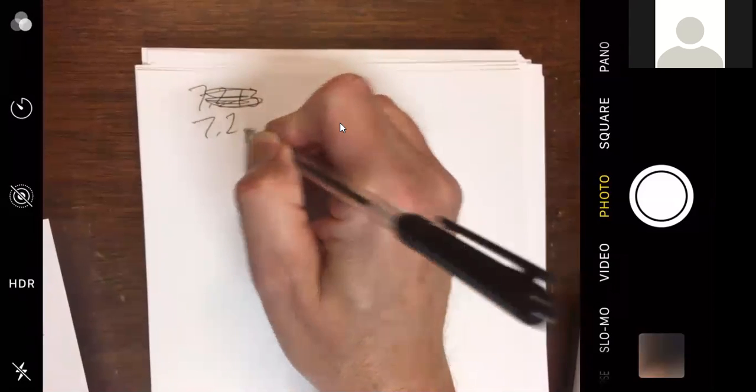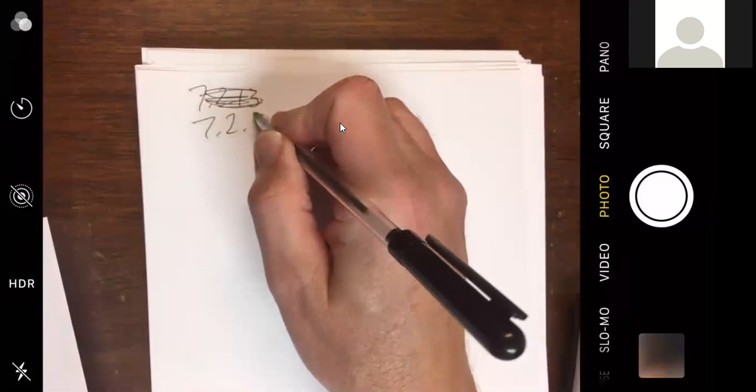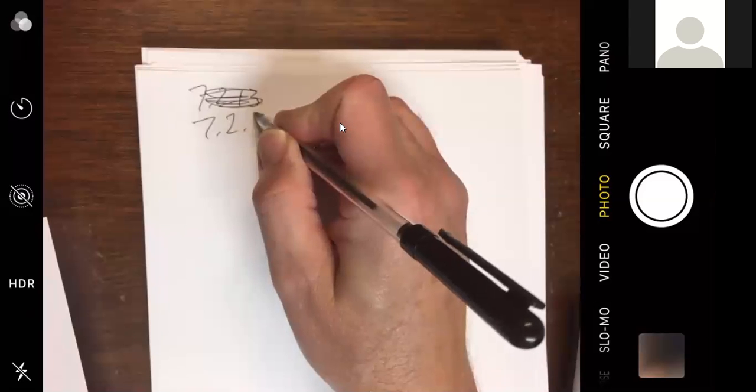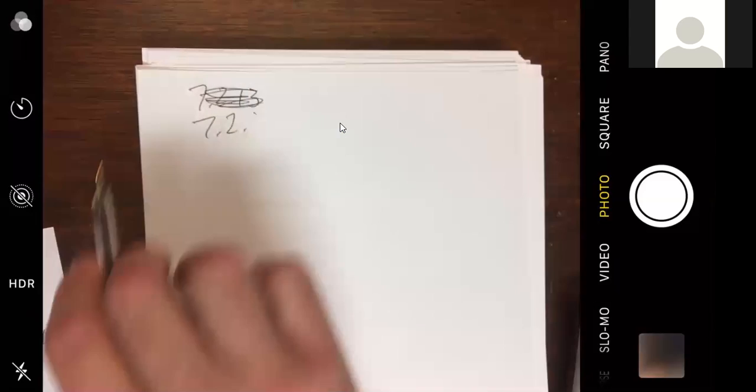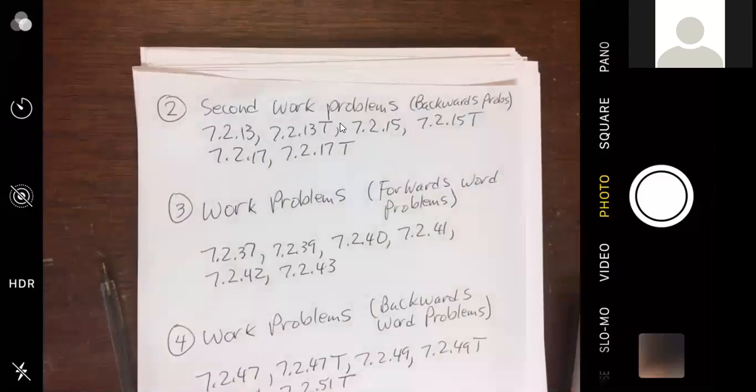Where do the backwards ones end? I mean the problems that we're supposed to do, because I have 13 to 21 odd. Well, when I looked at my lab, the problems looked all scrambled up. And the very first ones, I looked at them and they were backwards.